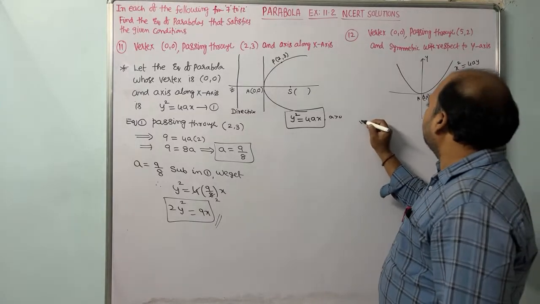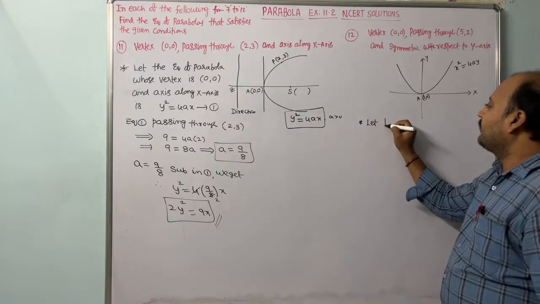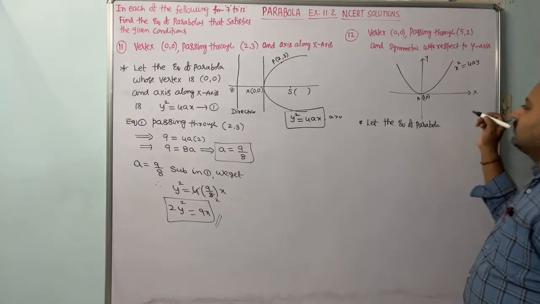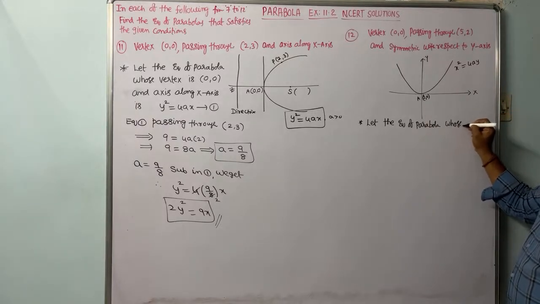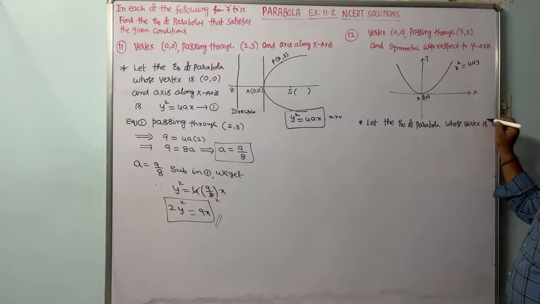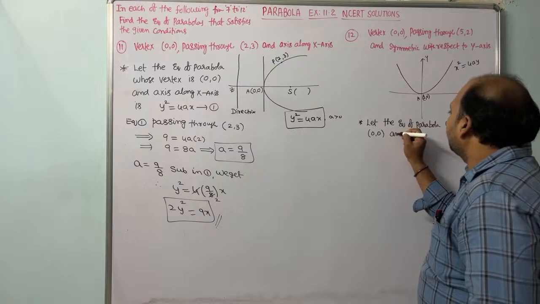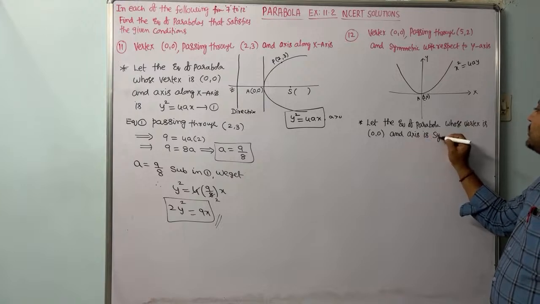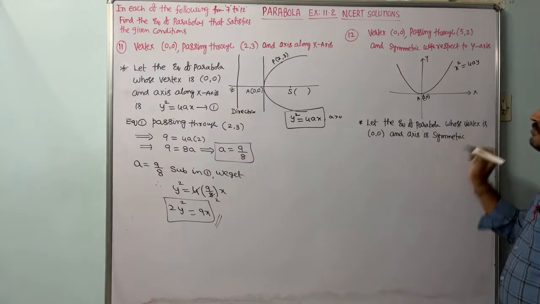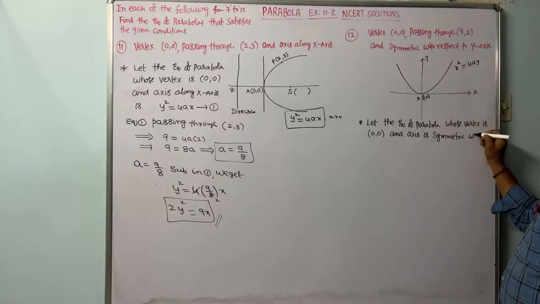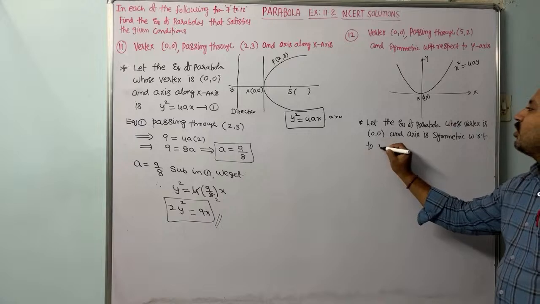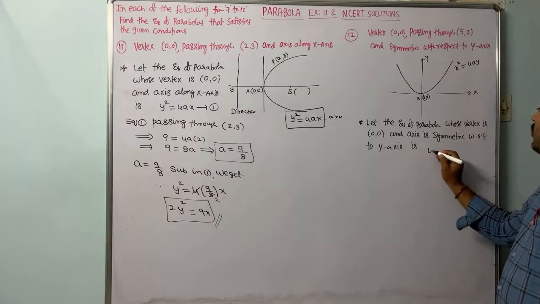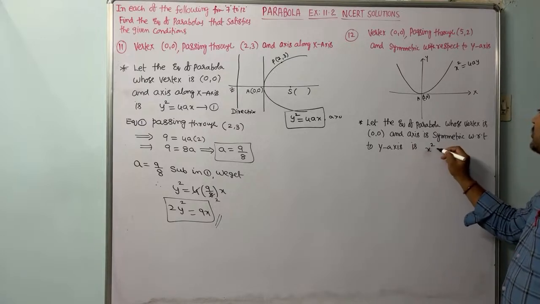So what we have to write here: let the equation of parabola whose vertex is origin and axis along y-axis, symmetric with respect to y-axis, be x square is equal to 4ay.